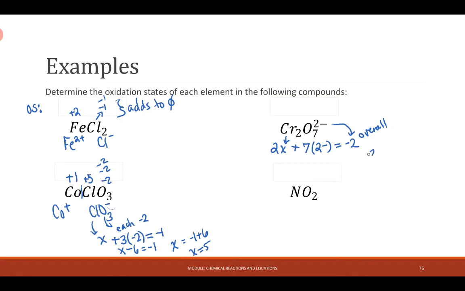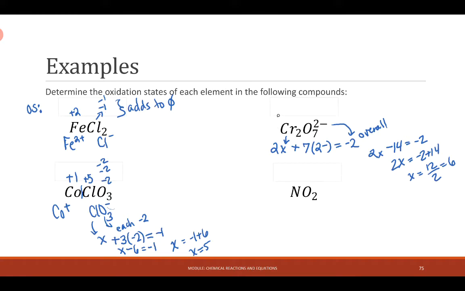And so that says that 2 times whatever chromium is, minus 14, is equal to -2. And so 2x is equal to -2 plus 14, and so x is equal to 12 over 2, which is 6.